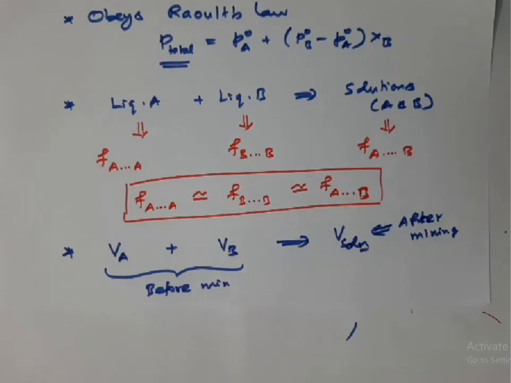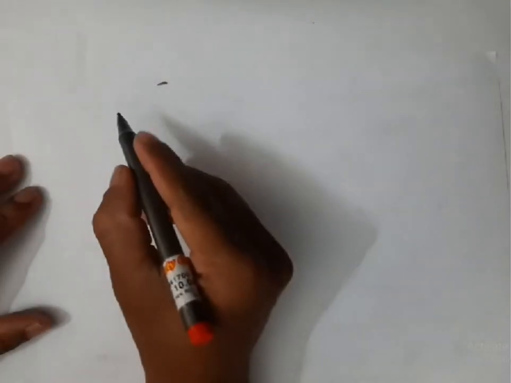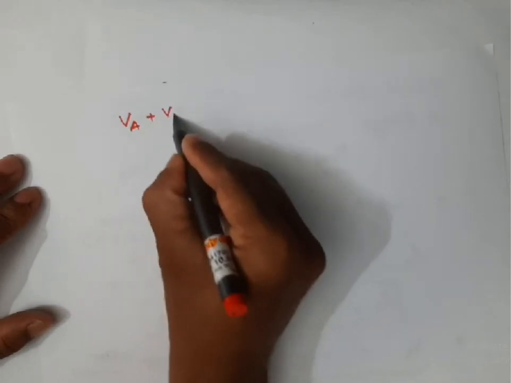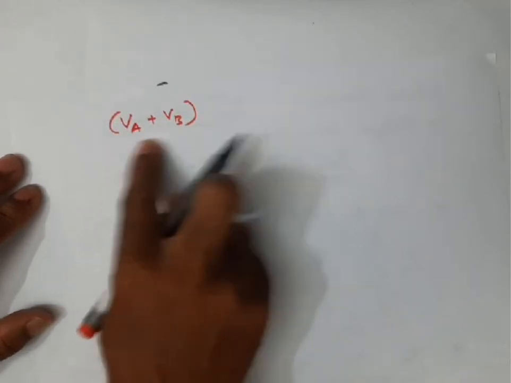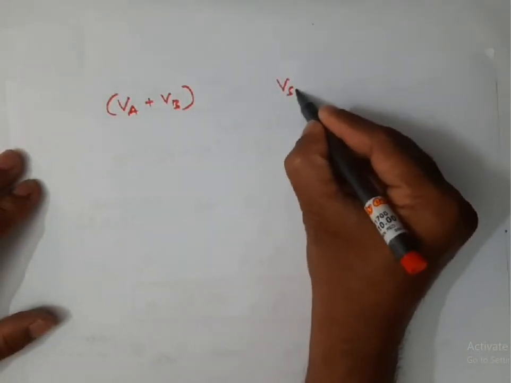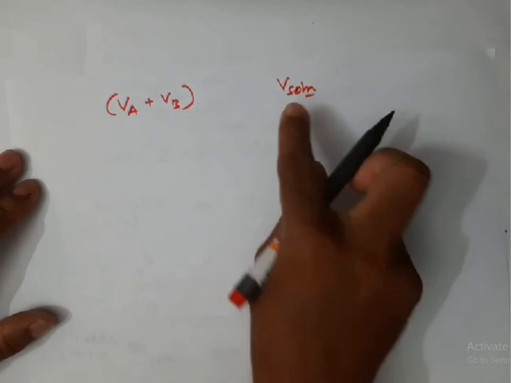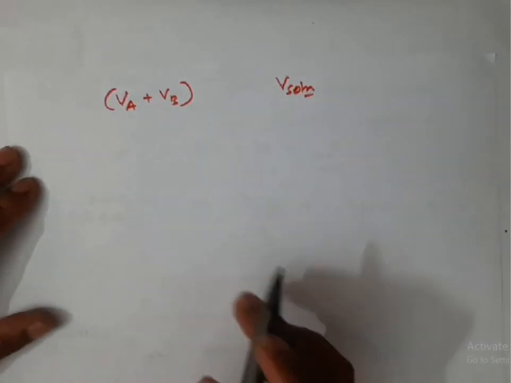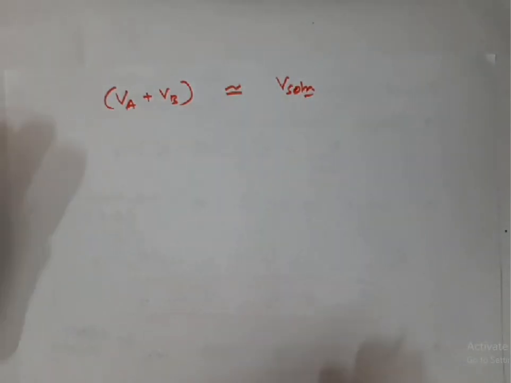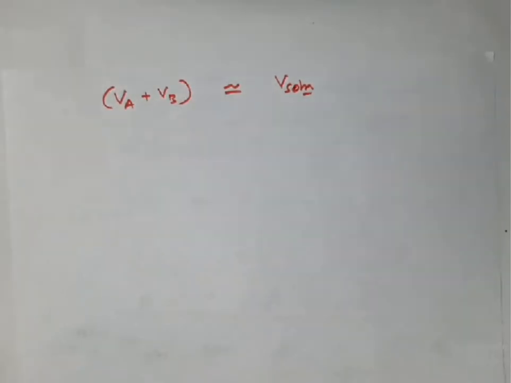Now listen, students. If the sum of the volume of liquid A and the volume of liquid B is the total volume before mixing, and V solution is the total volume after mixing, then in the case of ideal solution, these two are equal or approximately equal. We call the solution an ideal solution.